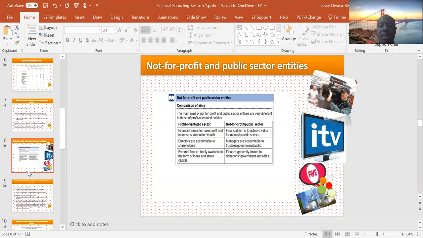That's not their primary aim. So the first difference between the profit-oriented and not-for-profit oriented is that the financial aim is to make profits. For the profit-oriented ones, they need to make profits. For the non-profit ones, they need to achieve value. They need to provide a service.